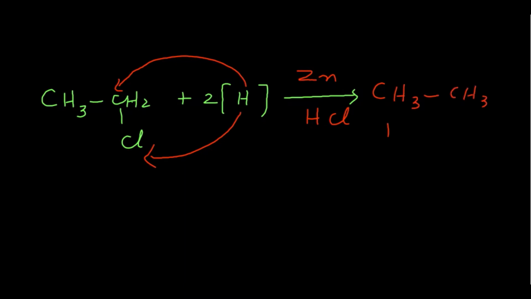In this way, ethyl chloride changes to ethane. Which alkane is produced, students? Ethane. Plus we get HCl.